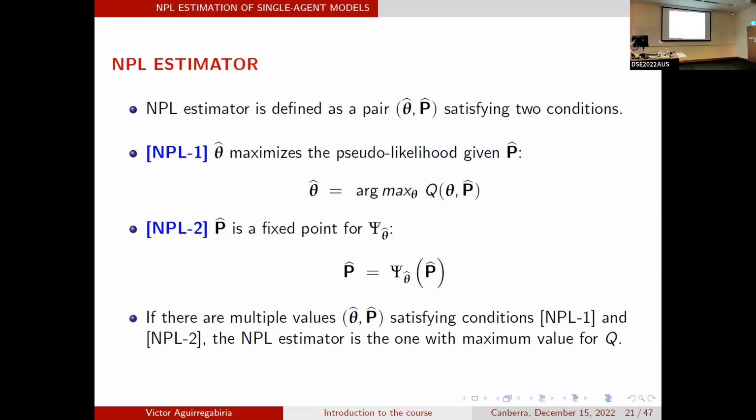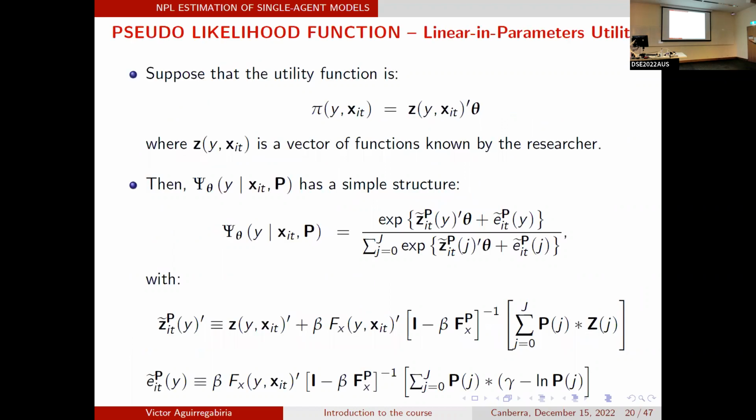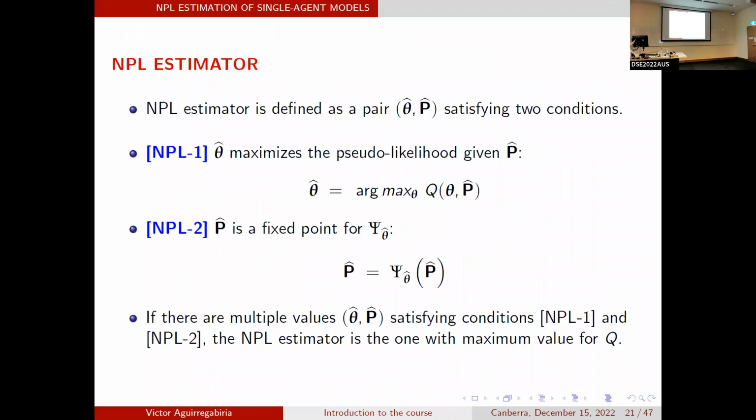Given P hat, basically we have this logit model, and theta maximizes the likelihood of this logit model. And second, and very importantly, given theta, P hat is a solution of the dynamic programming problem. Then the NPL estimator is defined by these two conditions.